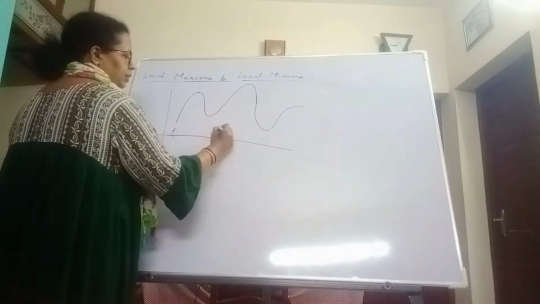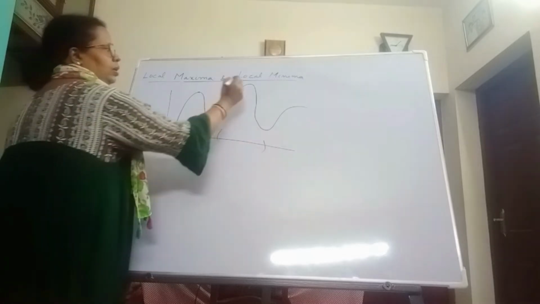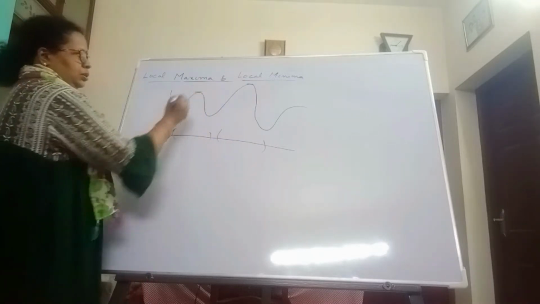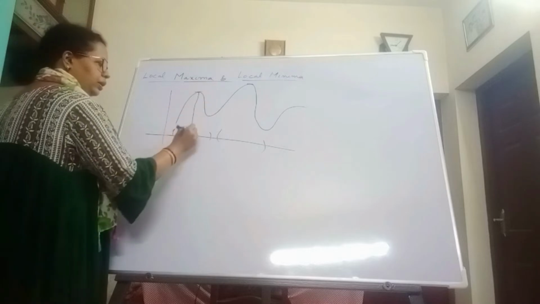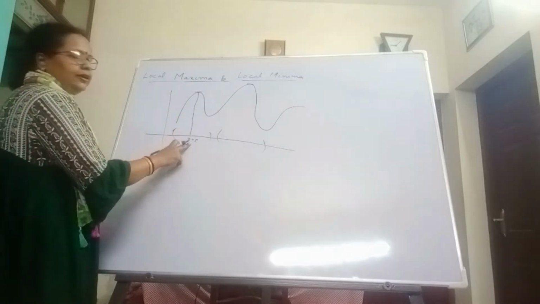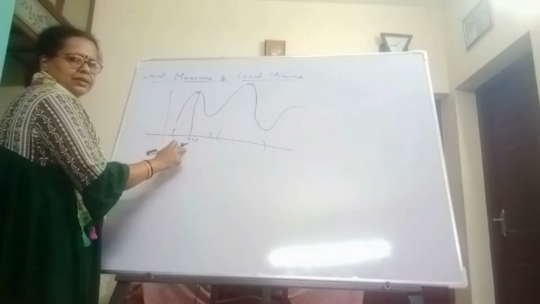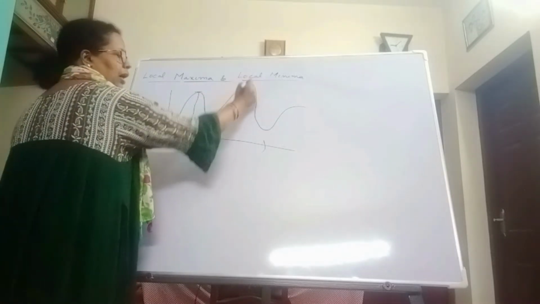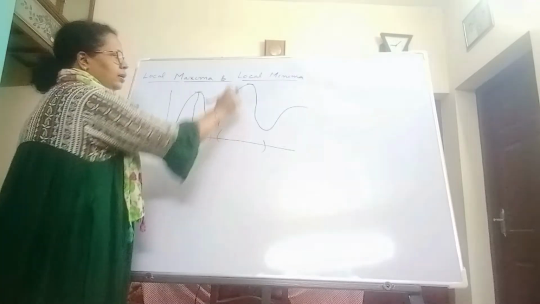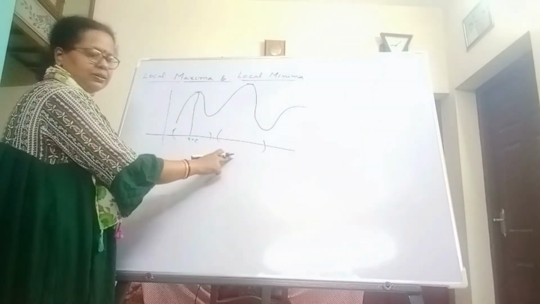If we take this interval, what is the local maximum value? This is the local maximum. So at this point, whatever be the x, c, at this point the local maximum exists. Similarly, at another point x equal to any other point k you take, there also a local maximum exists.